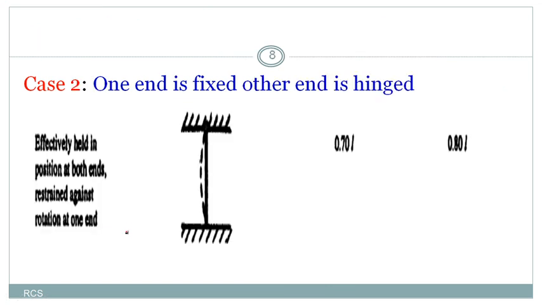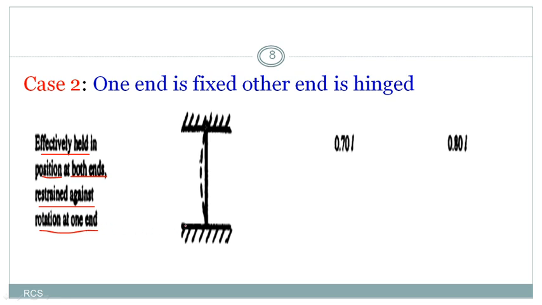So let us go for the next case. See here, effectively held in position at both ends. That means your column is supported with supports at either end, but restrained against rotation at only one end.